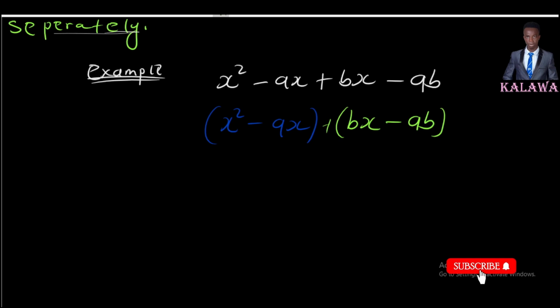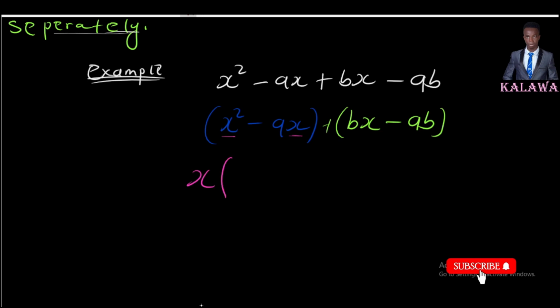Remember in our previous video, we talked about the common factor. So for the first grouping, let's see what is common between the terms, and then we take it out. What is common between the two terms here is x. There's x squared here and there's also x here. So we take the x out, and what is remaining?